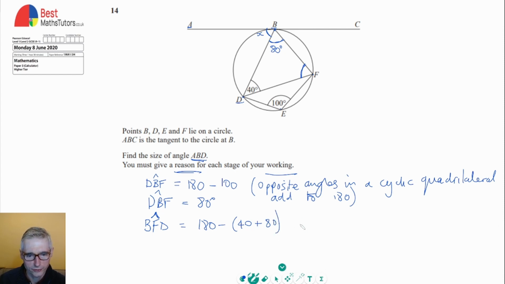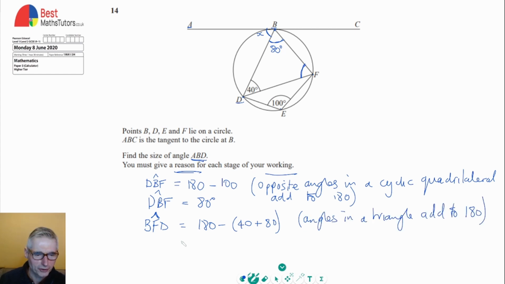And the reason there, in brackets, is that angles in a triangle add up to 180. So if we continue with that calculation, we can see that it's 180 minus 120, which is 60. So I can put that on there.